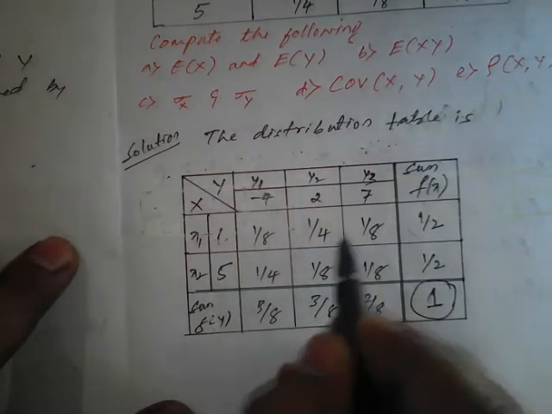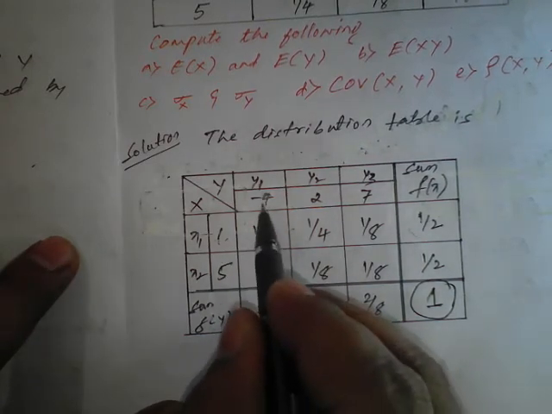This completes the first row, so we only have to take this much. The first row is completed with all y values.